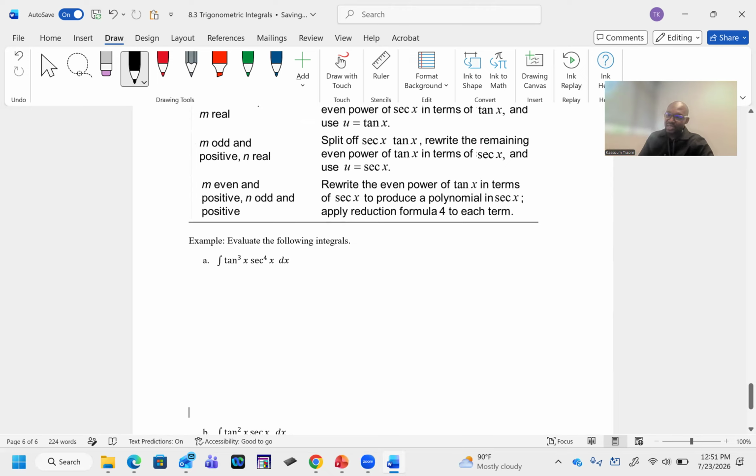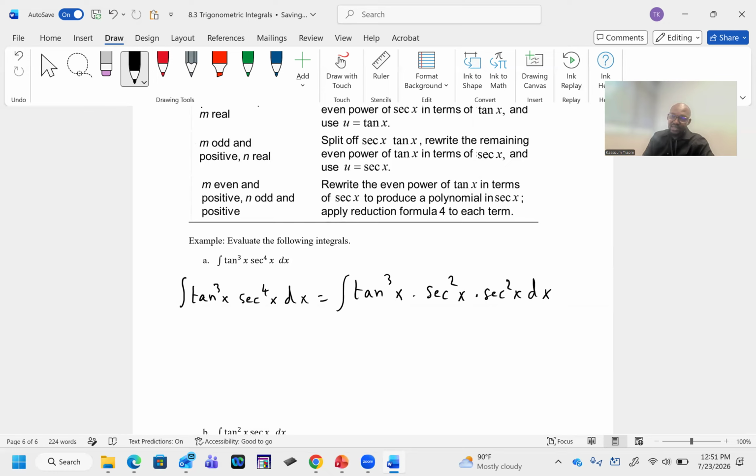For the first one we have tangent to the power of 3x times secant to the power of 4x, right? So m is even and n is odd. We will write this as tangent to the power of 3x times secant square x times secant square x dx.